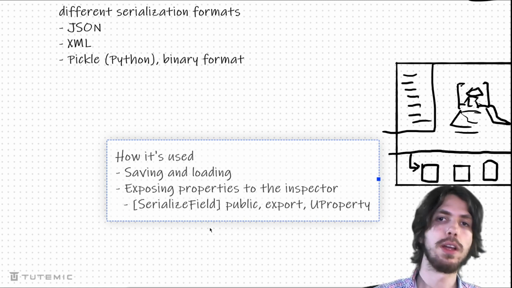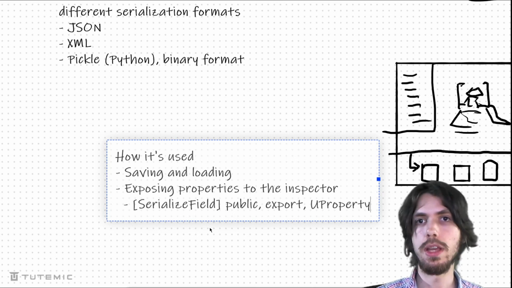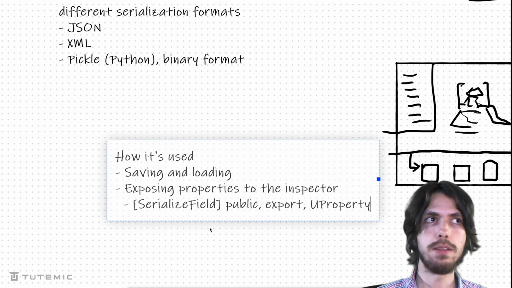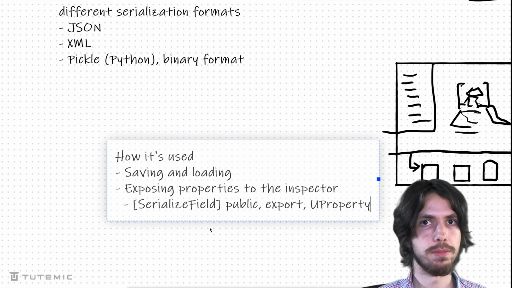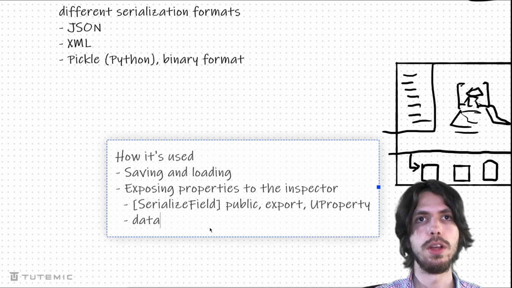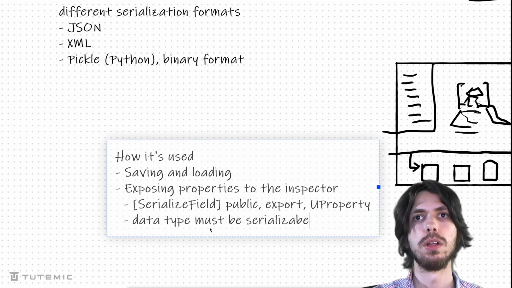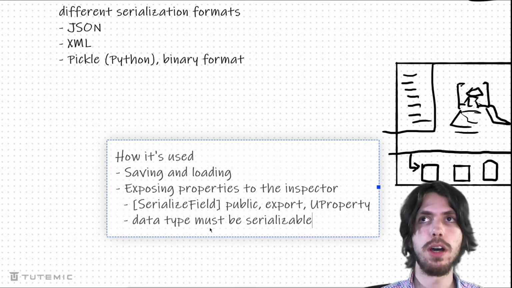But the important thing to recognize about each of these little modifiers inside of your code is that in order for it to be exposed to the scene, it needs to be a data type that's serializable. Okay, so the data type must be serializable. Not all data types are magically automatically serializable.